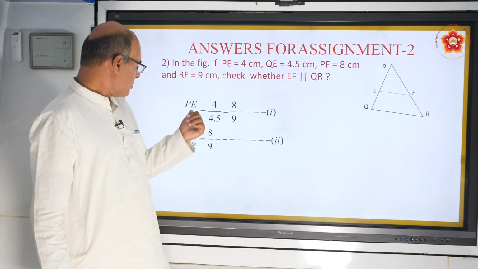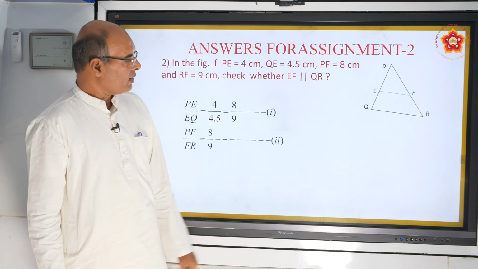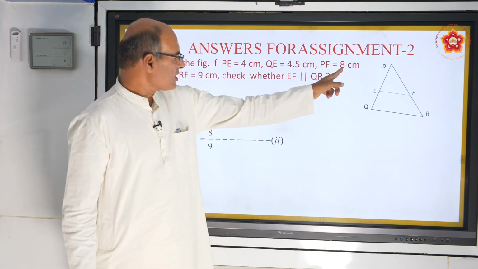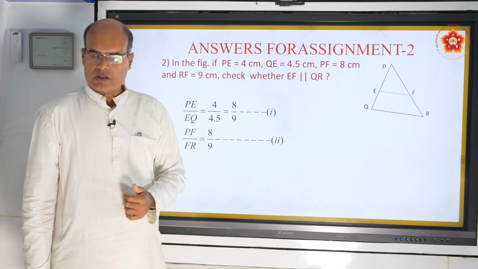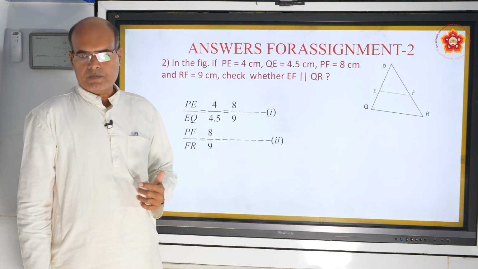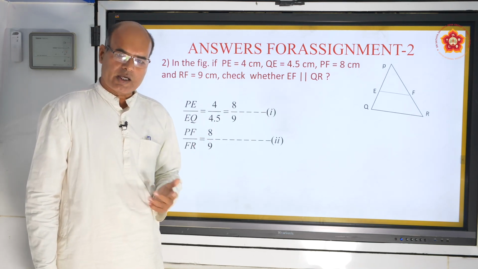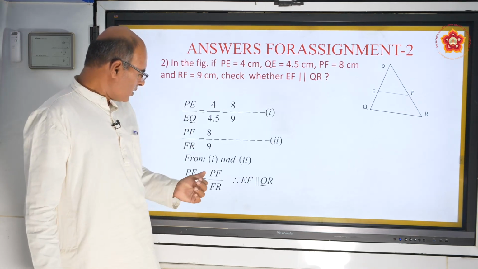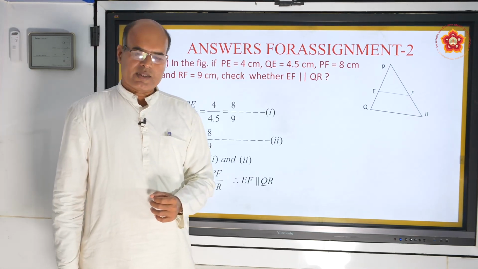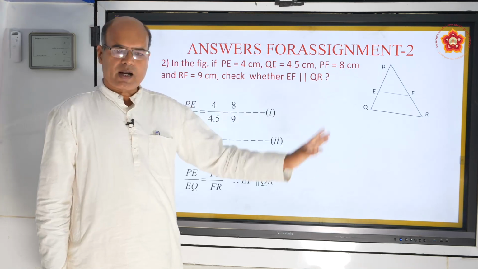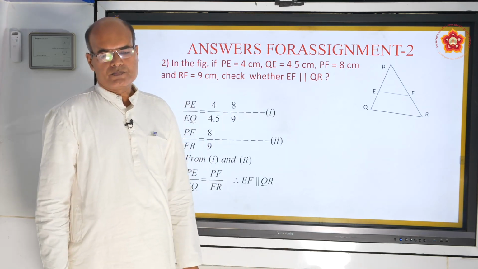So PE by EQ is 8 by 9. PF is given 8 centimeter, RF is given 9 centimeter, it is also 8 by 9. So both the ratios are equal. Therefore, according to the converse of Thales theorem, EF is parallel to QR.